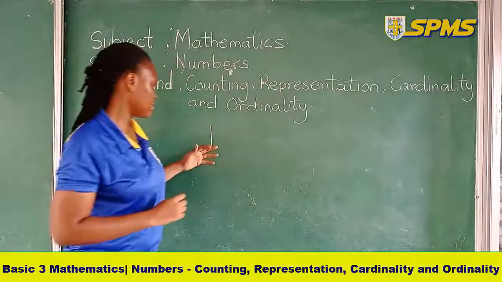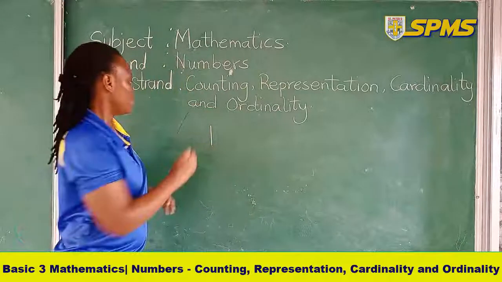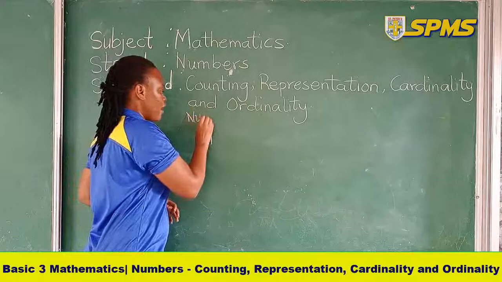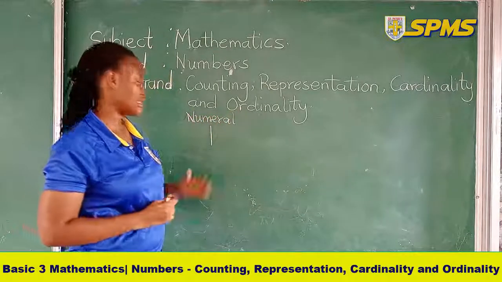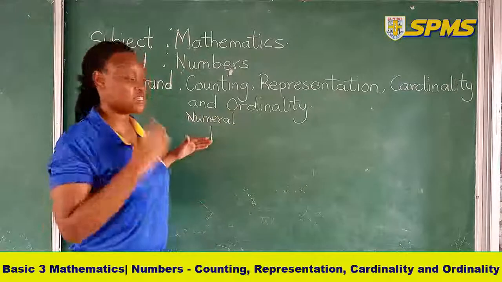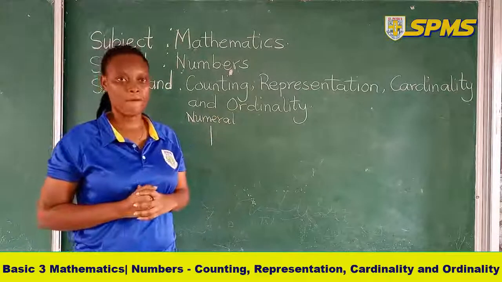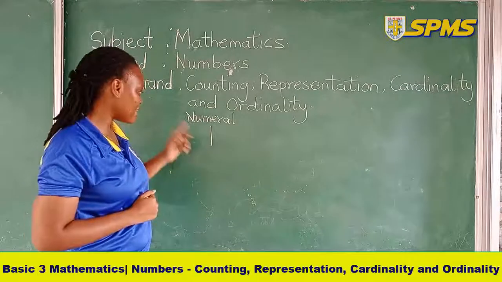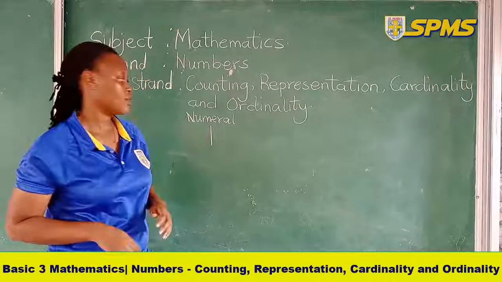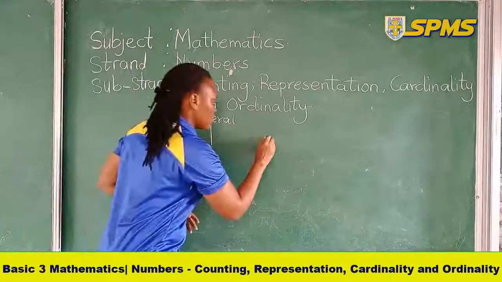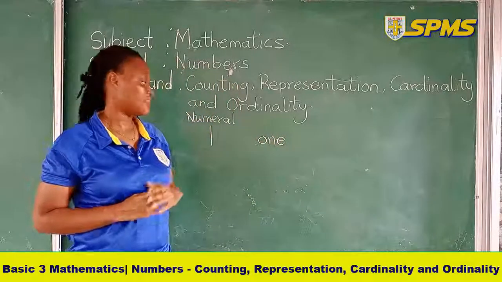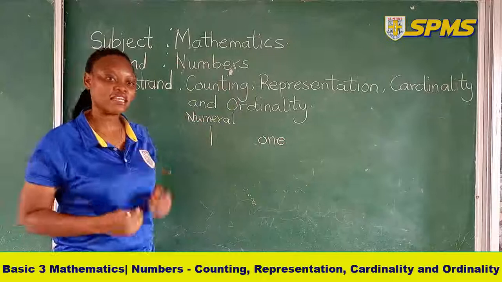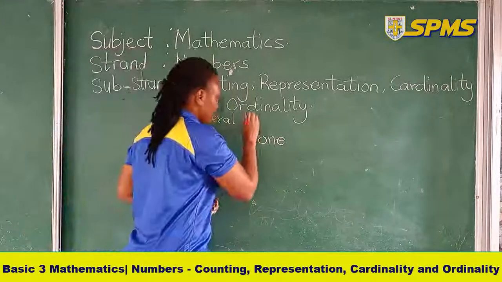So 1, in this sense, we can term it as numeral. It is in the figure form. It is in the number form. So the number name for 1 will be O-N-E. That is what? Spelling out the 1.